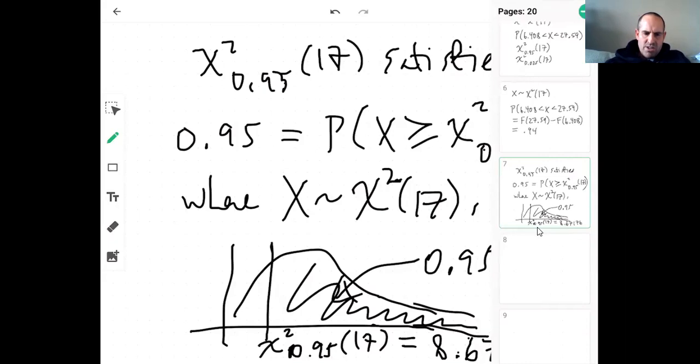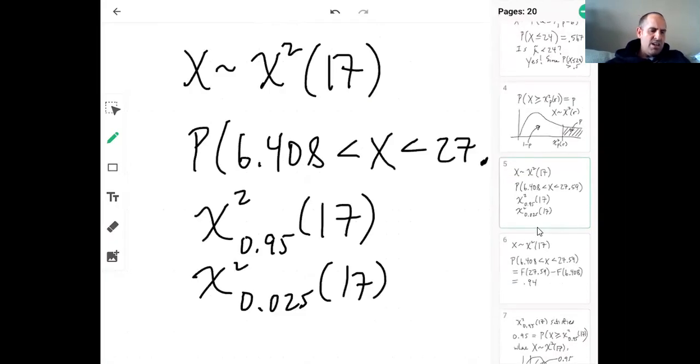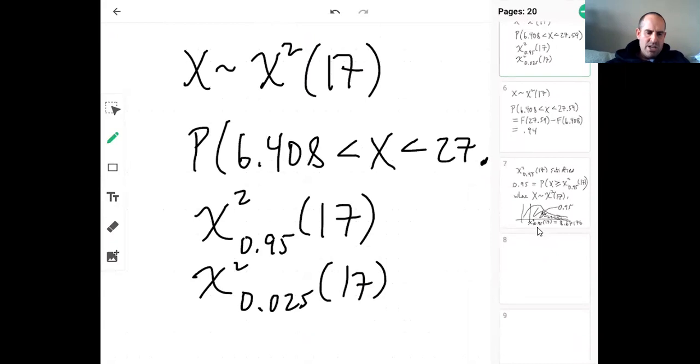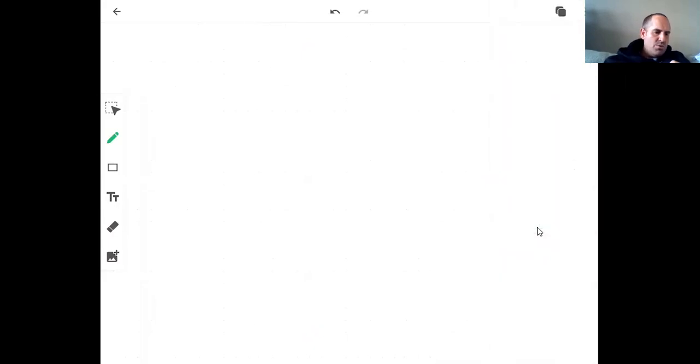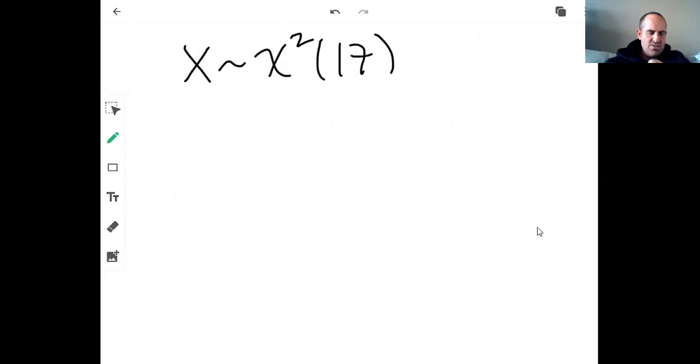What else did they want us to find? They want us to find chi-squared of 0.025 with 17 degrees of freedom. So let me remind you, X is still distributed as chi-squared with 17 degrees of freedom.